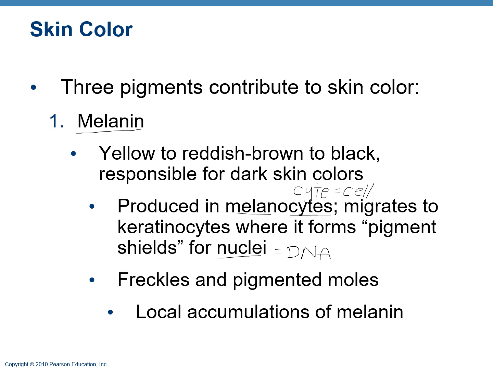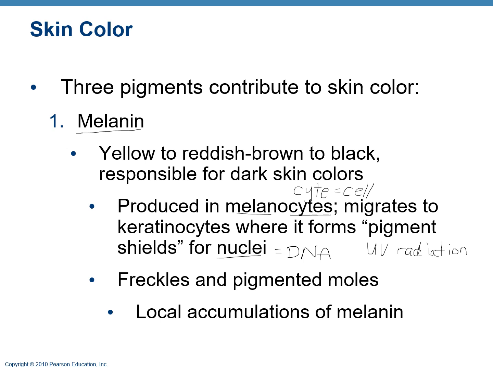And the reason why melanin is going to be found shielding the nuclei is because it actually helps to form a barrier against UV radiation. So ultraviolet radiation is potentially damaging to our DNA.